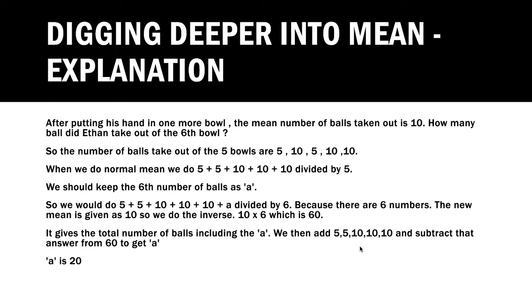We first add 5, 5, 10, 10, and 10, and then we subtract that answer from 60 to get A, because this total plus A is equal to 60. So we do 60 minus the total of these numbers, which is equal to A. So A is 20 in this question.